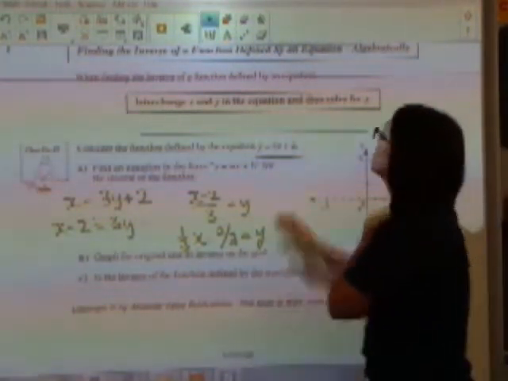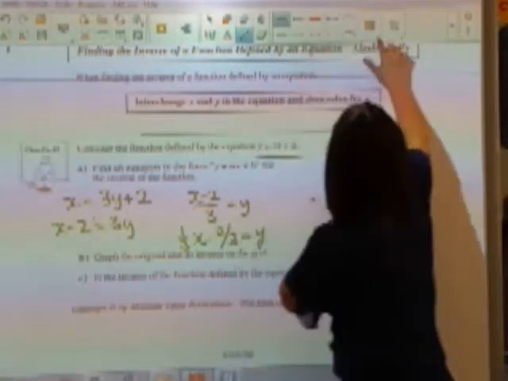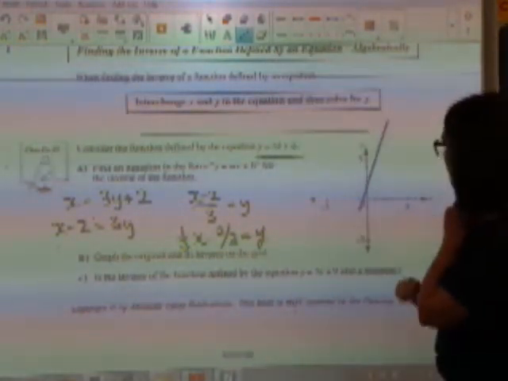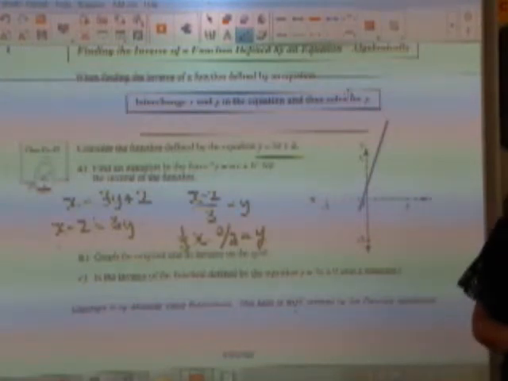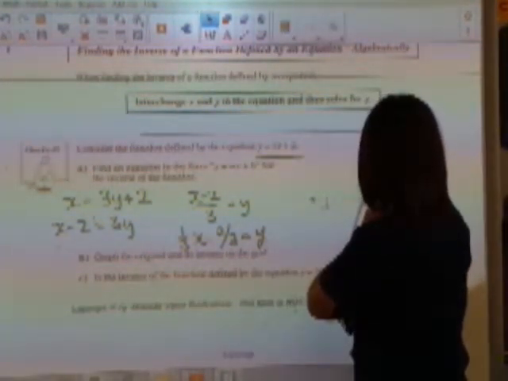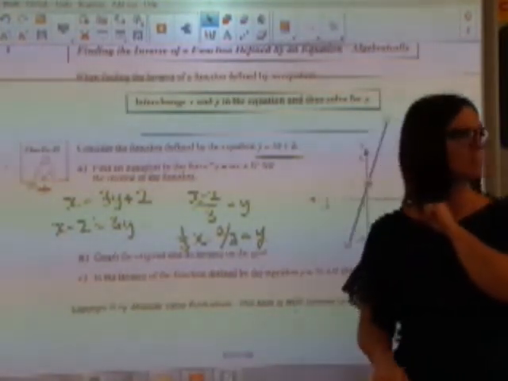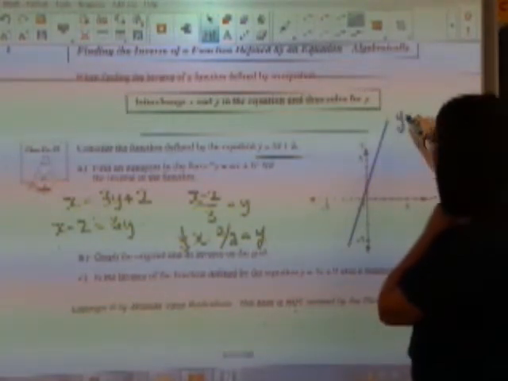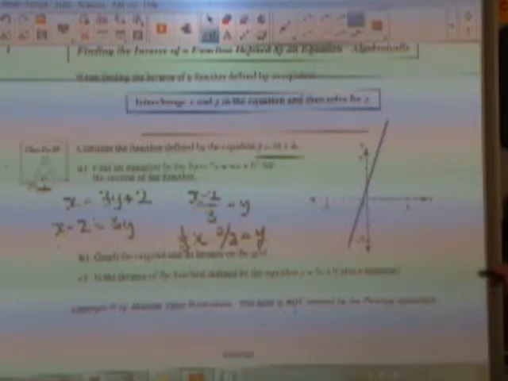So this becomes my original line. So this is my y equals 3x plus 2.